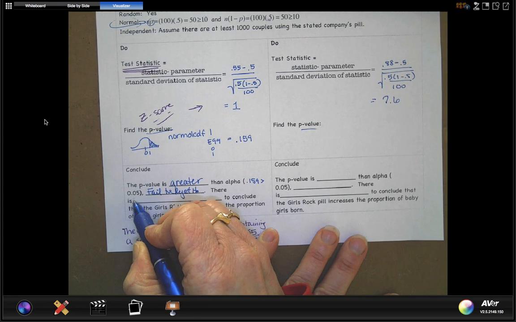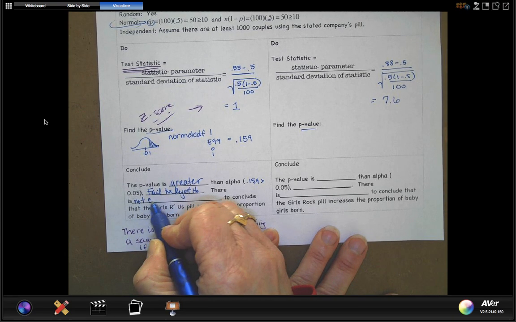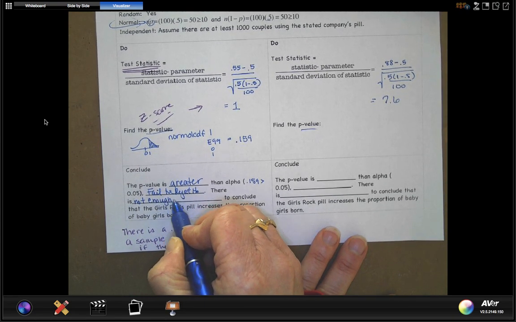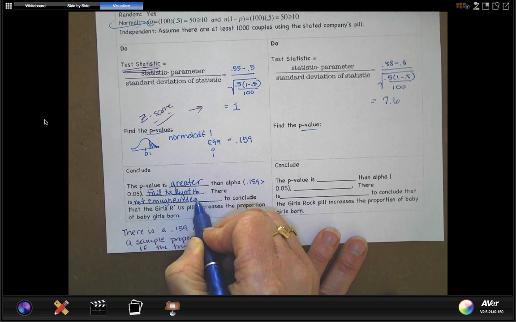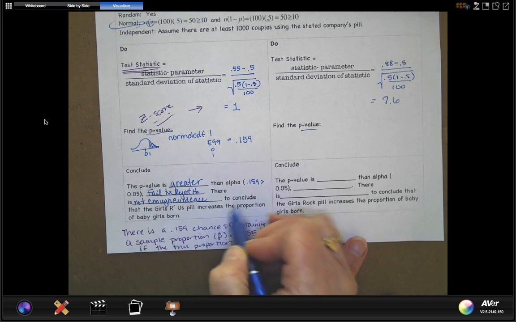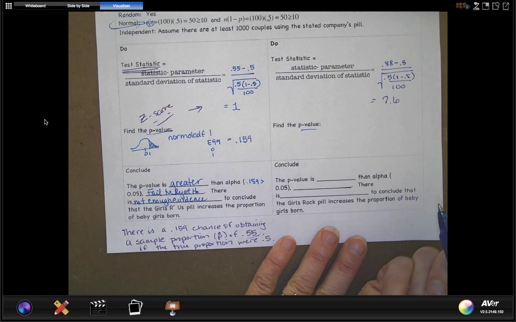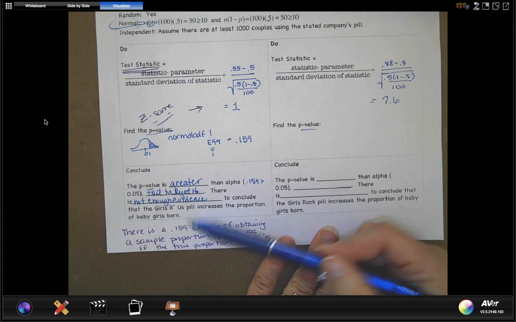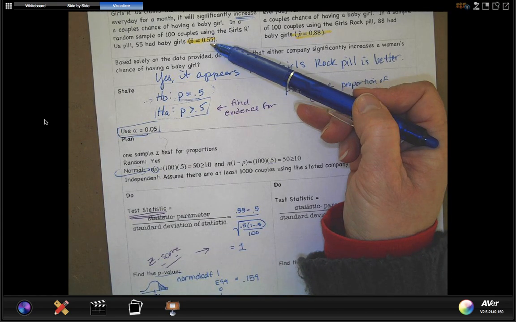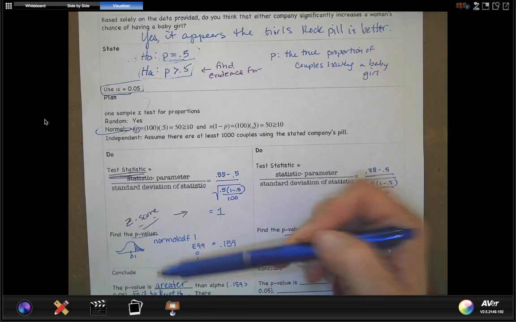There is not enough evidence to conclude that the Girls R Us pill increases the proportion of baby girls born. Again, the likelihood of me seeing that 0.55 is high enough for me to not consider 0.55 as being unusual.